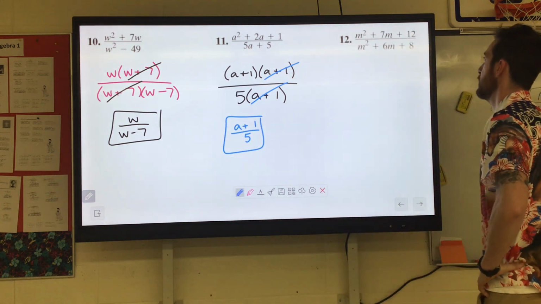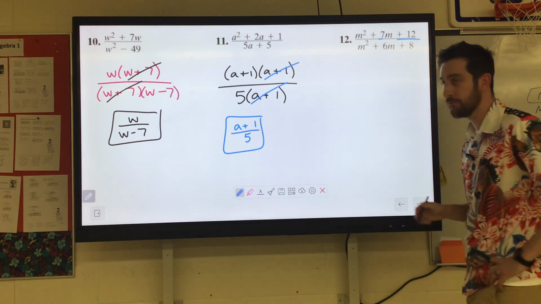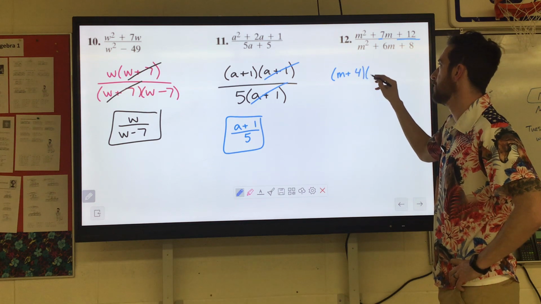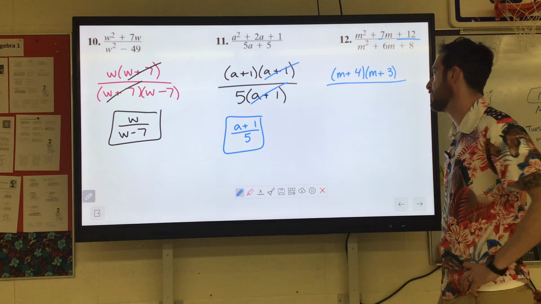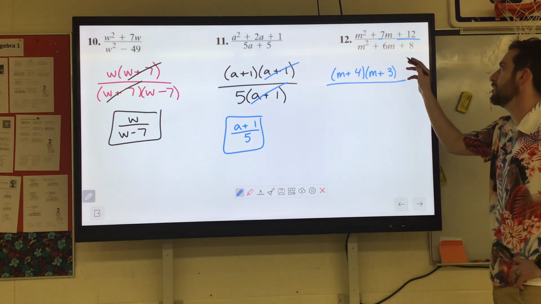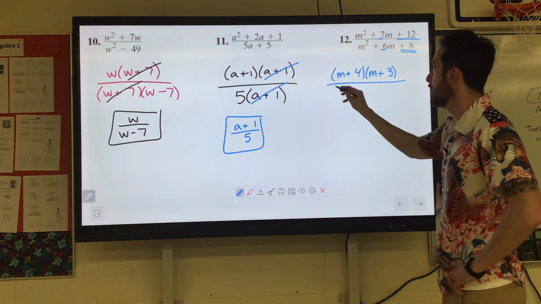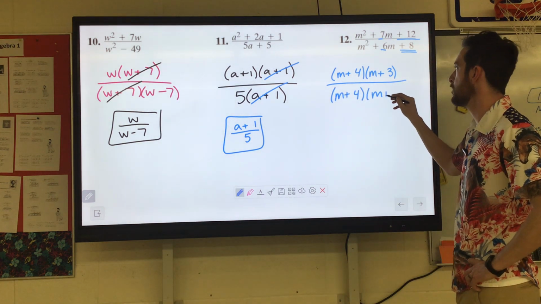Number 12, we look for factors of 12 that add up to 7. That'd be 4 and 3. M plus 4 times m plus 3. Factoring for you and factoring for me. The denominator, factors of 8 that add up to 6 would be 4 and 2. M plus 4 times m plus 2.